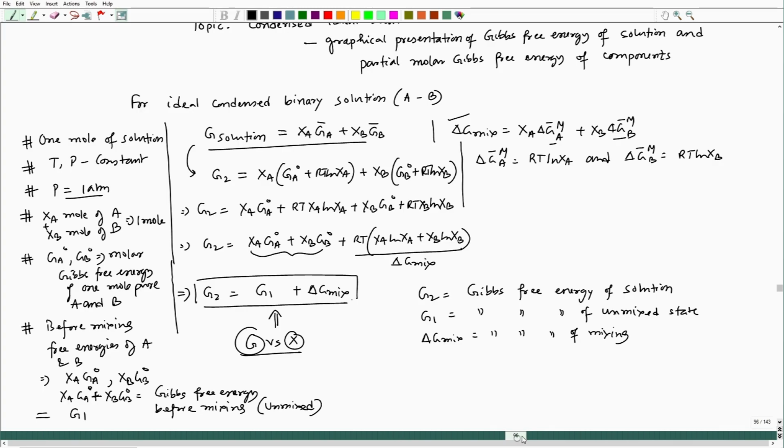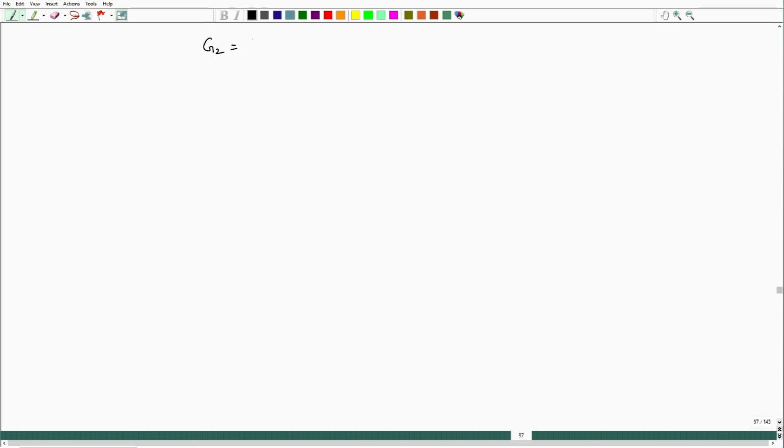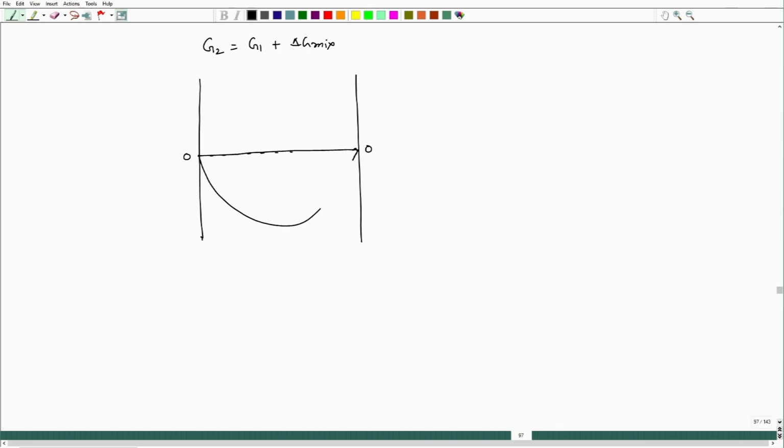Now we are starting with G 1 plus delta G mix, and we are taking binary. Let us say this is 0. Delta G mix at a particular temperature T is this. This is X B, this is pure A, so X A equal to 1, and this side is pure B, X B equal to 1.